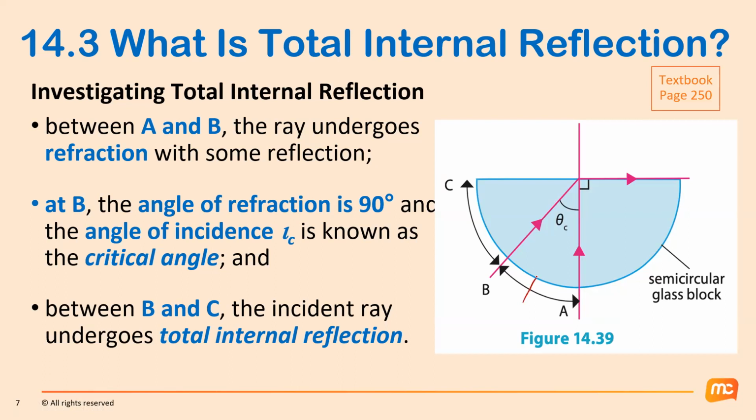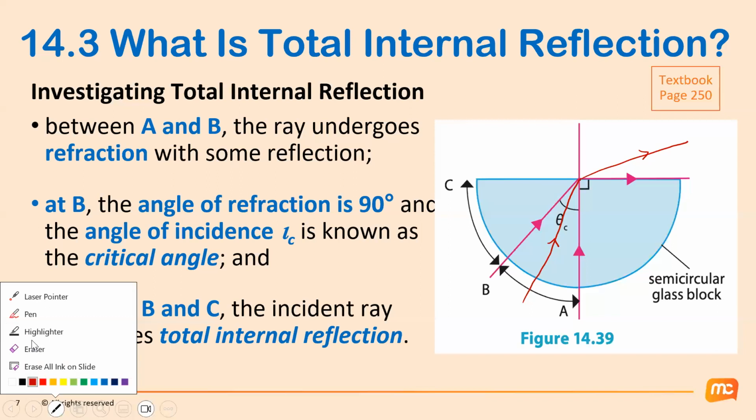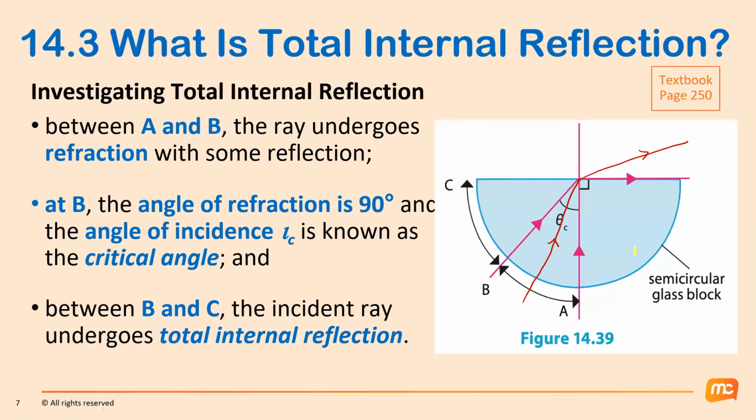If I have another ray in between, I will have refraction. So in this entire yellow region, I will undergo refraction. My light ray will come out in this yellow region.